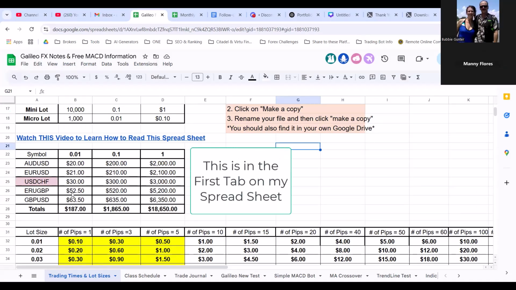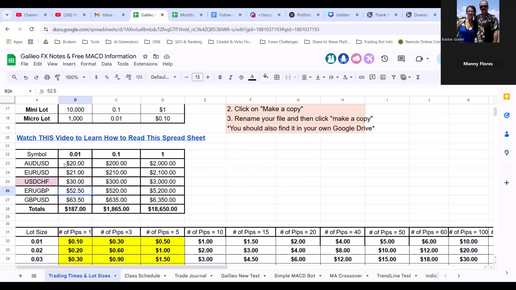Okay, I made this list. The way I did this was I went to MetaTrader 5. There's a formula, and one of my students shared the formula with me. It's really, really confusing, and I don't like confusing stuff.